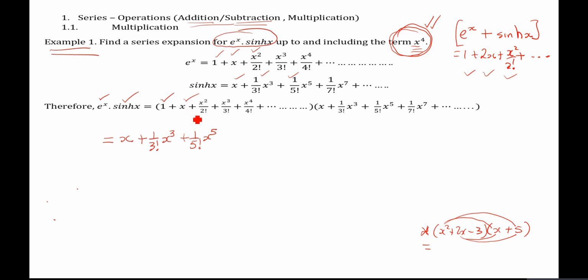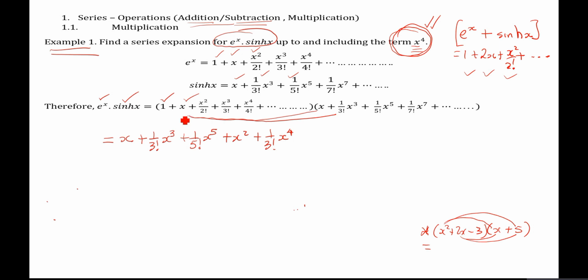So let's multiply x times x. That's x squared. Then x times 1 over 3 factorial x to the power 3 is 1 over 3 factorial x to the power 4. And I won't go any further because I must stop at x to the power 4.